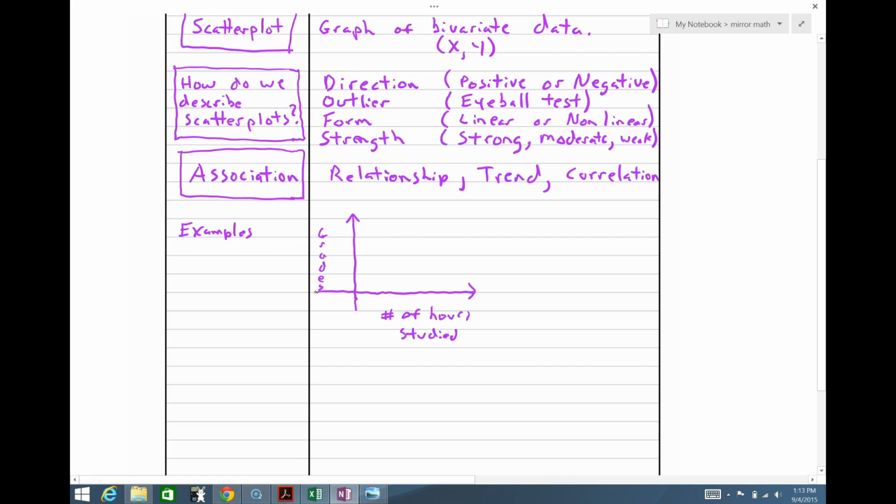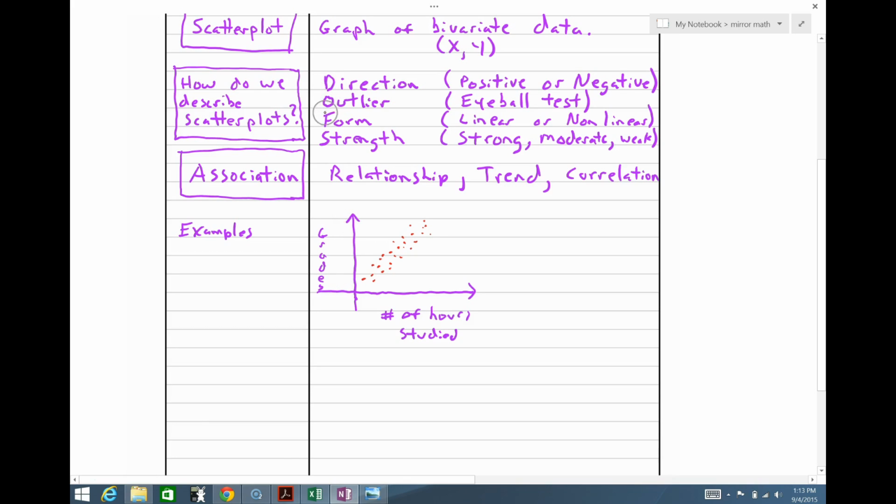Well, I bet you would guess that it would be positive. That is, as the number of hours studied increased, grades would tend to increase. And in fact, that would be the case. We might see points that were gathered in this sort of configuration here. Not a perfectly straight line, but generally in this form. That is, as the number of hours studied increase, the grades increase.